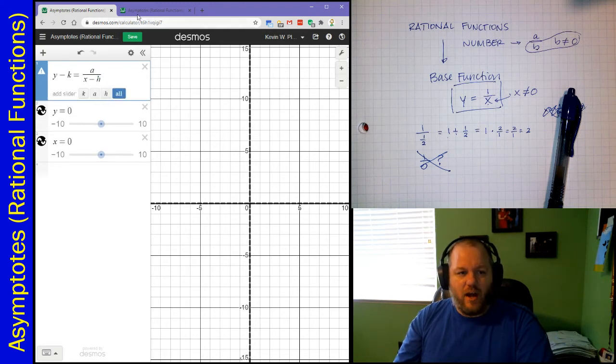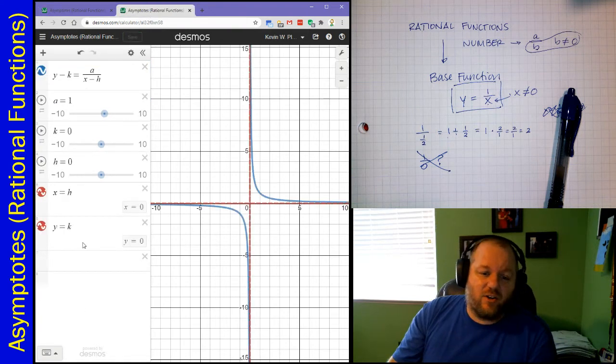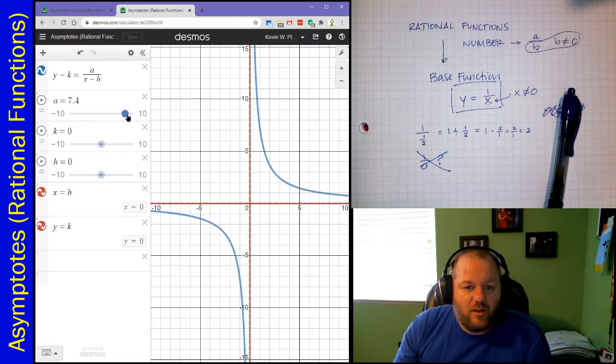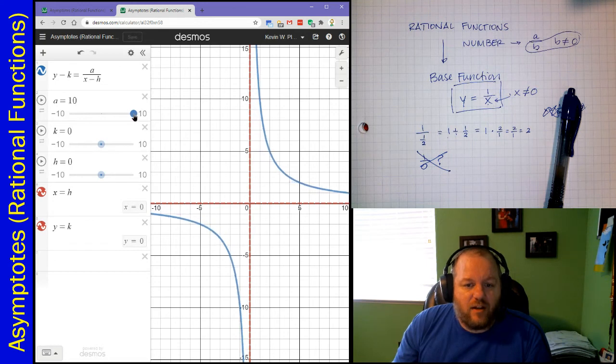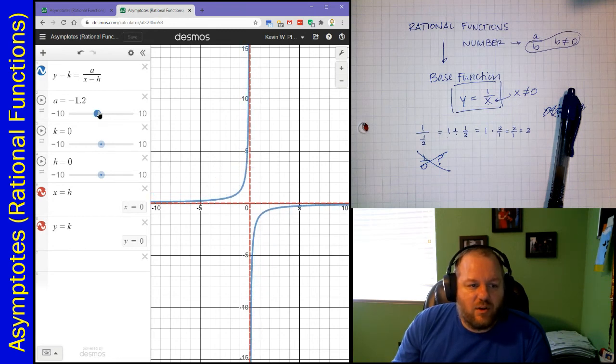Now I'm not going to add these because I've already done it over here. And I have nice little sliders and everything. You can see that as the amplitude goes up, then that stretches that way. As it goes negative, it goes the other way. As I get to 0, look what happens.